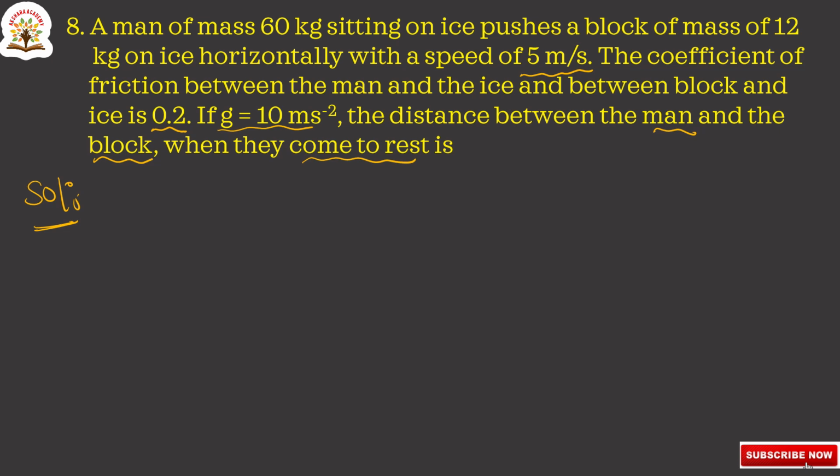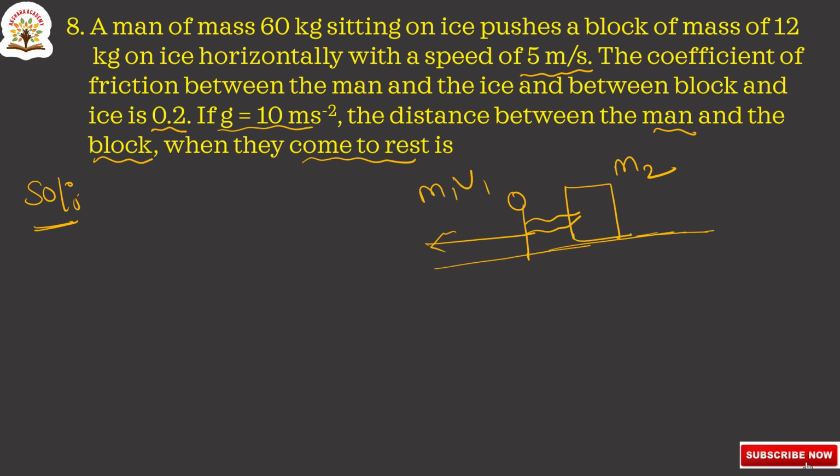Here suppose this is a block and here a man is pushing this block, and suppose this is the surface. Here consider this as m1 v1 and this as m2 v2.